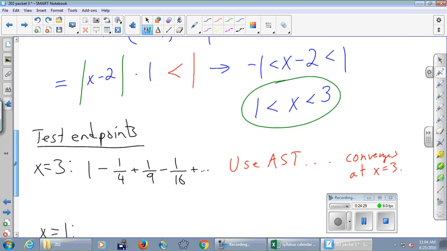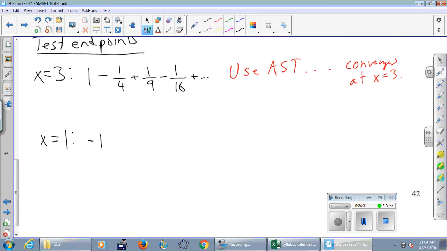Okay, so -1 minus 1/4 minus 1/9 minus 1/16 minus dot, dot, dot. Again, brand new series. It's the third one we've considered on this page. What test or what kind of series is that?